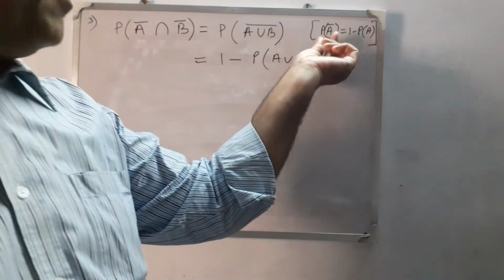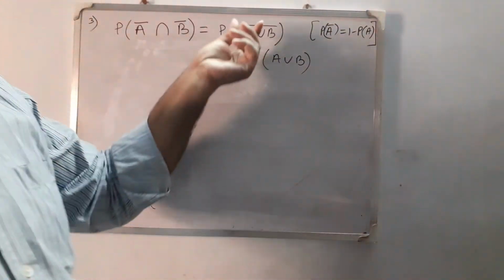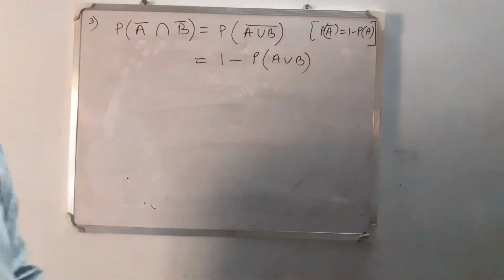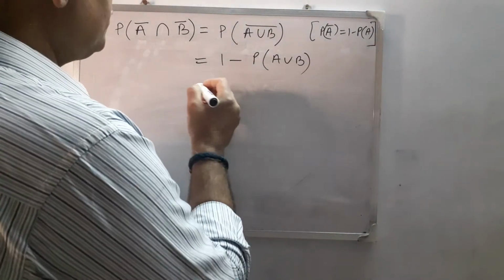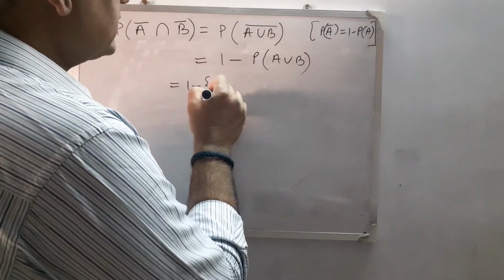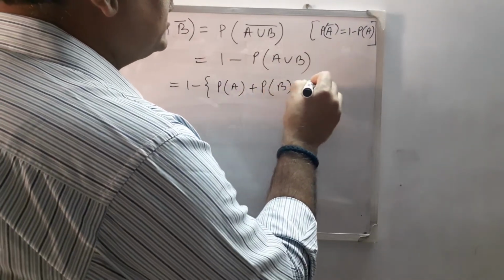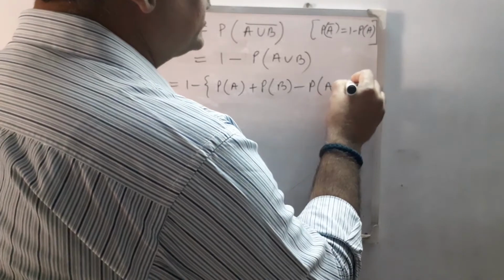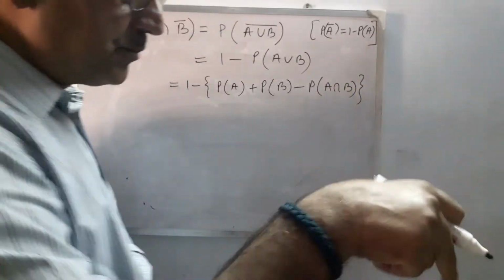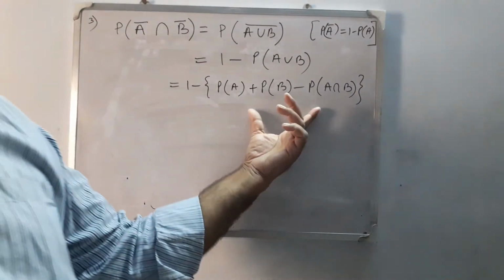So we have applied that result. Now the expansion of P(A ∪ B) we know: 1 minus, P(A) plus P(B) minus P(A ∩ B). This formula also we have discussed in the previous video, so from there you can learn it.